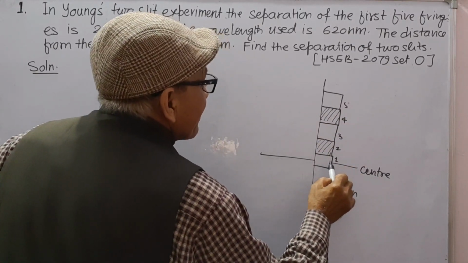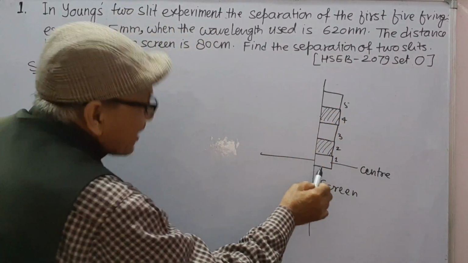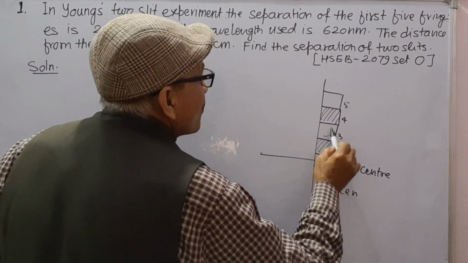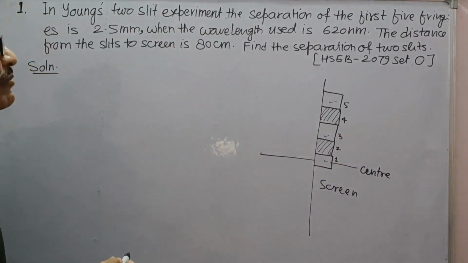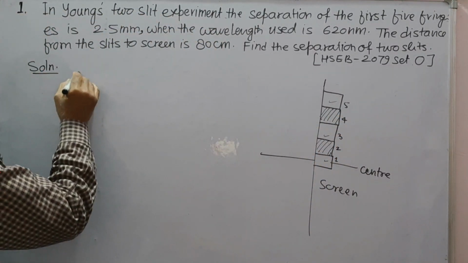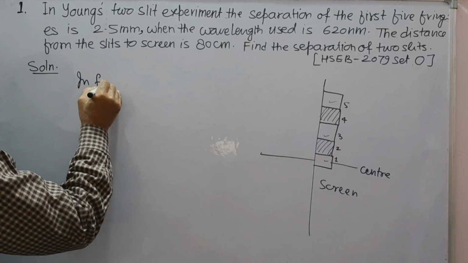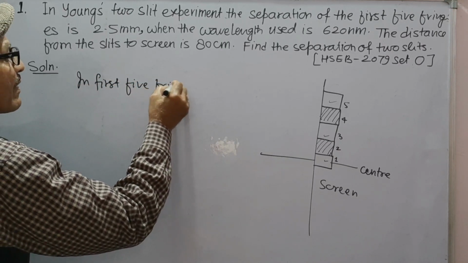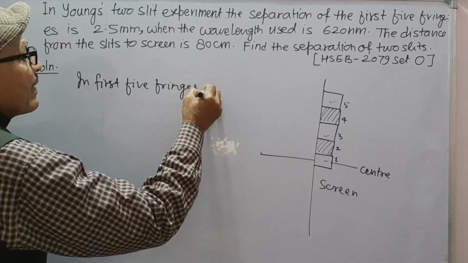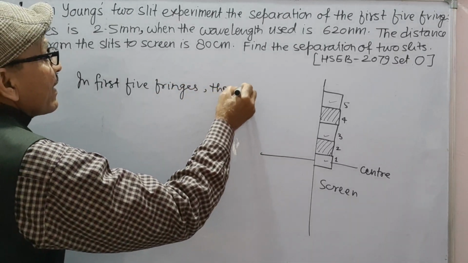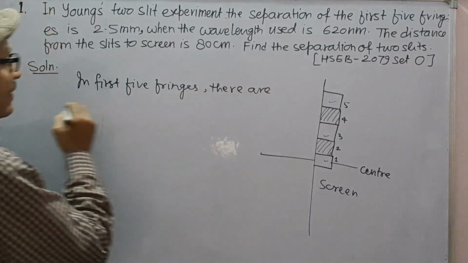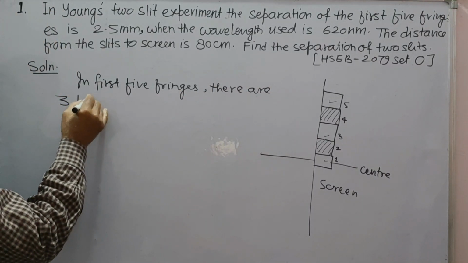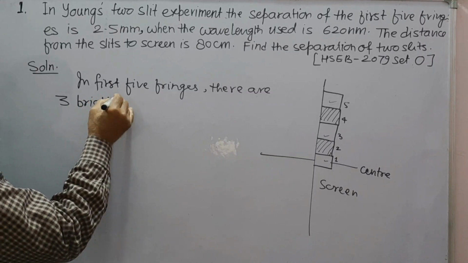So in the first 5 fringes, there are 3 bright fringes.